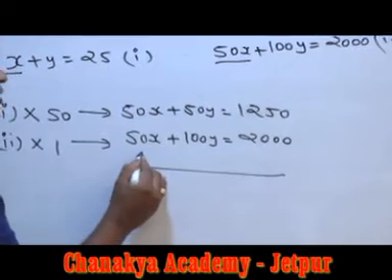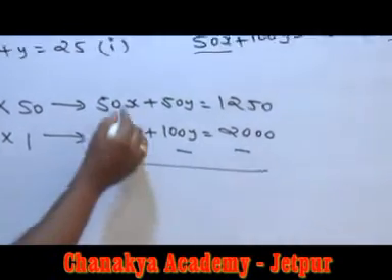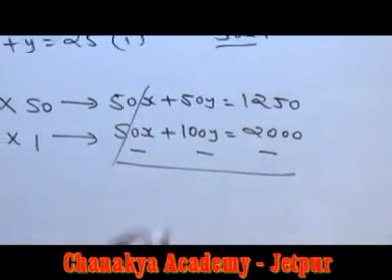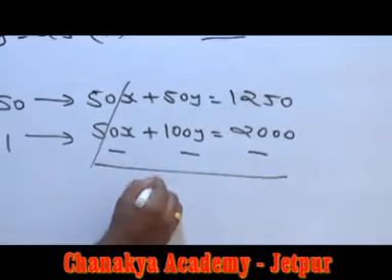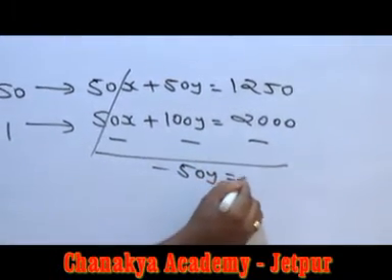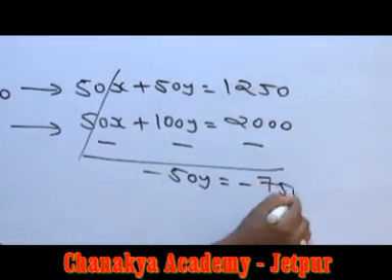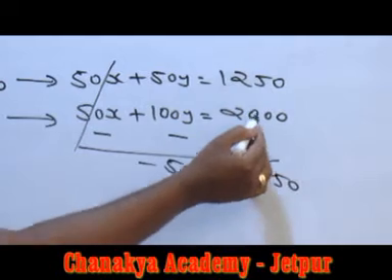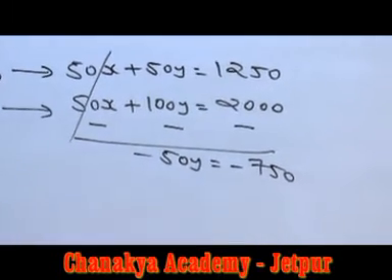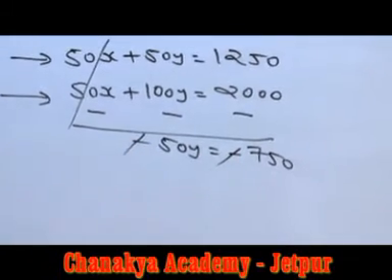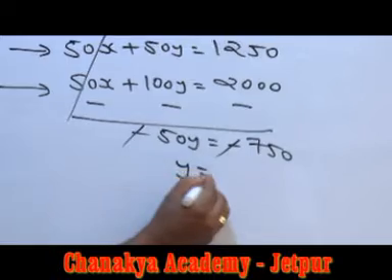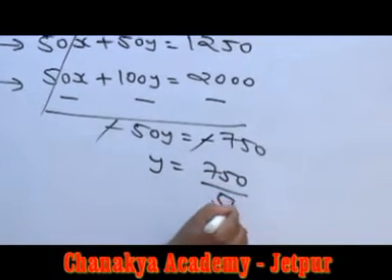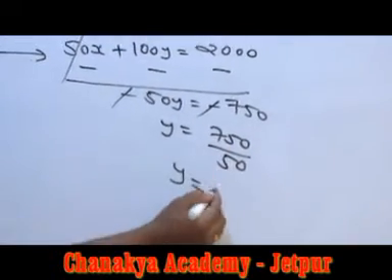Okay, changing sign student: minus, minus, minus. Here 50x is eliminated. 50y minus 100y gives minus 50y equal to minus 750. Subtracting, 1250 minus 2000 gives minus 750. Okay, negative symbol is eliminated. y equal to 750 by 50. y equal to 15.